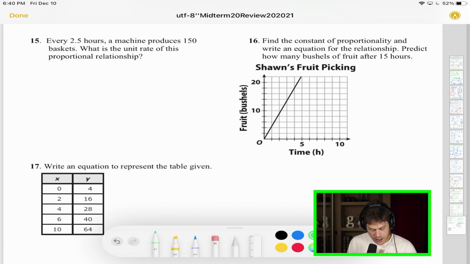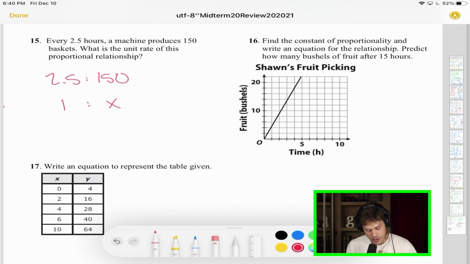Number 15. Every 2.5 hours, a machine produces 150 baskets. What is the unit rate of this proportional relationship? Okay. So 2.5 hours is to 150 baskets. So 1 hour is to how many baskets?